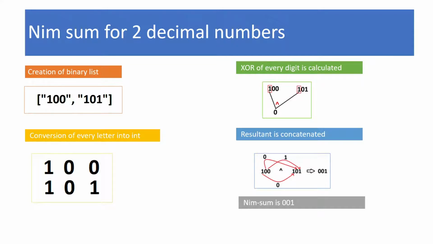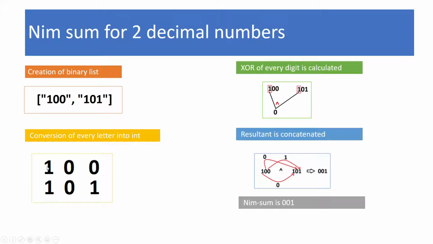The nimsum of two decimal numbers is found by creating a list of binary numbers. This list contains strings. Finding the XOR of the binary list would go by taking the first letter of the first string and the first letter of the second string and converting those letters into an integer.